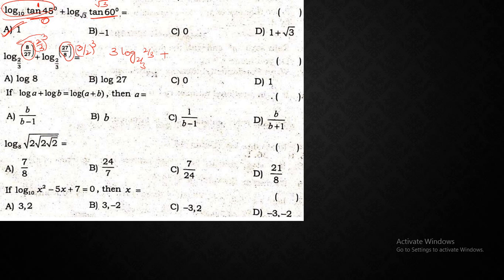Instead of doing all this, we can simply apply the product rule. Since both the bases are the same, this becomes 8 by 27 into 27 by 8, so 8 8 and 27 27 get cancelled. Log of 1 to any base is 0, so the answer is 0.